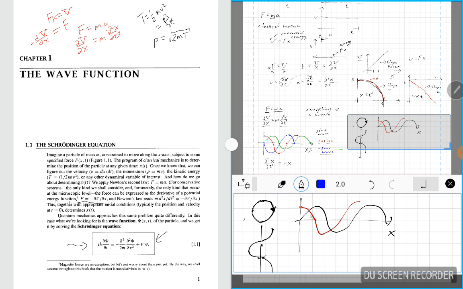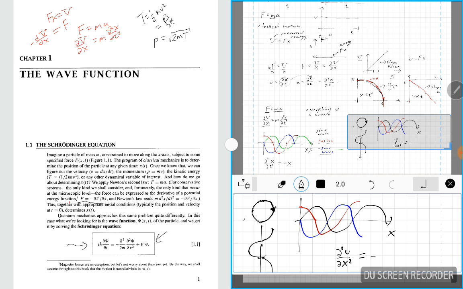And then if I take the derivative again of that, I will get the negative of the position. So that means that for some wave, the second derivative with respect to space is just going to be equal to the negative of this function.